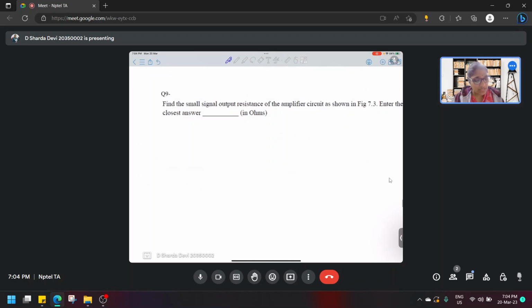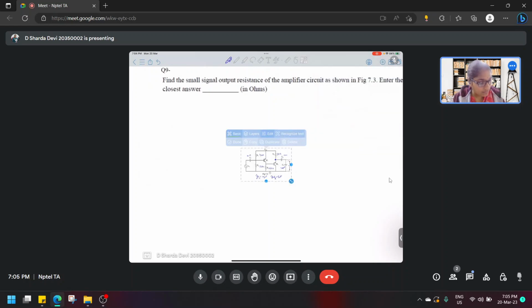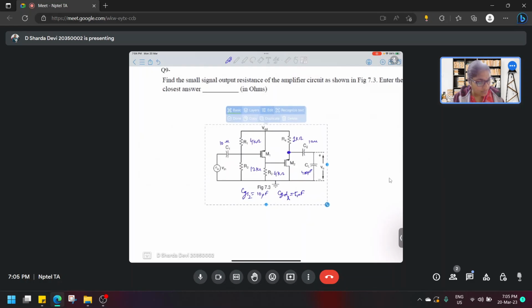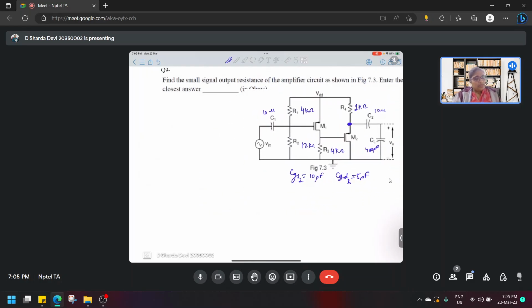Next problem. In this problem, we have to find the small signal output resistance of the amplifier shown. In this, we have to see the output impedance on this side. So, if we look, this is the source terminal, right?